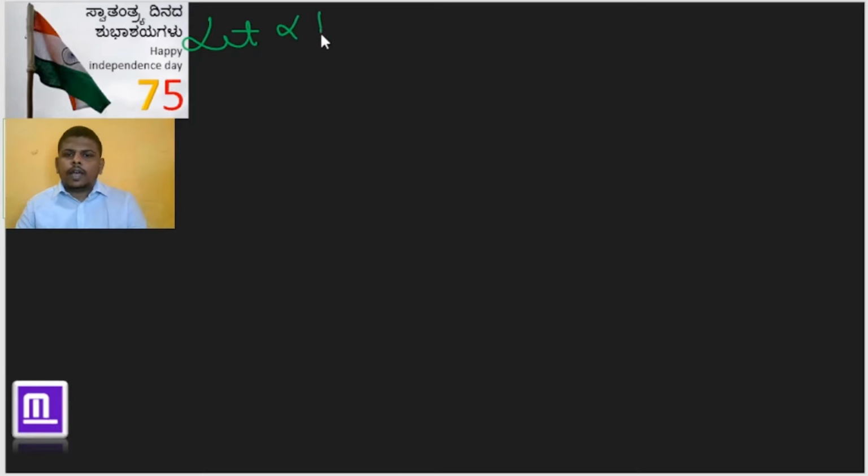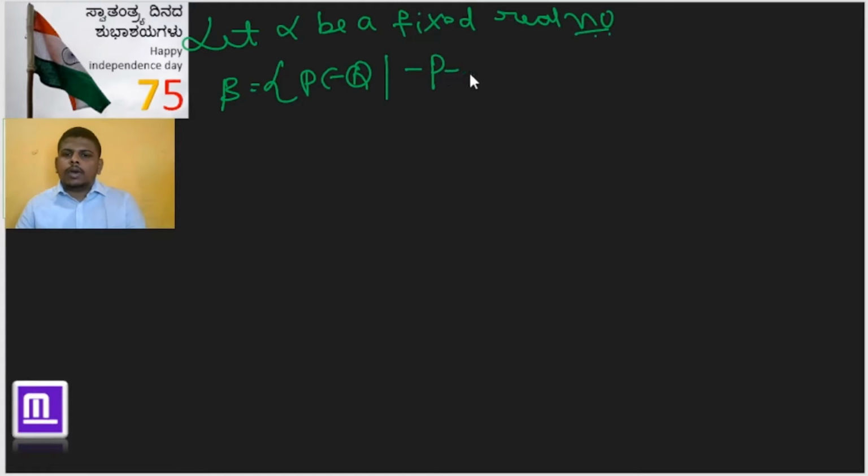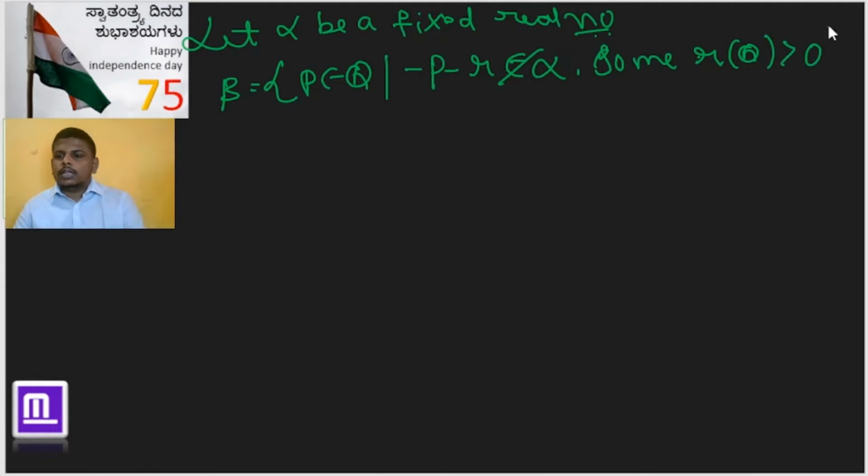Let alpha be a fixed real number. For this alpha, we define beta as the set of all rational numbers p such that negative p minus r, for some positive rational number r greater than 0, does not belong to alpha.